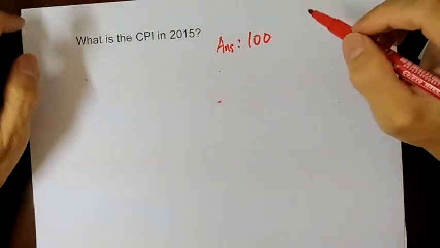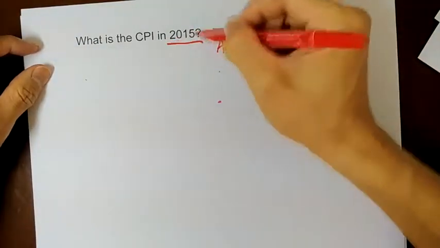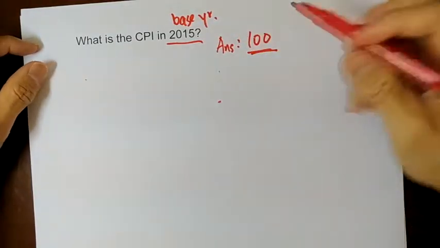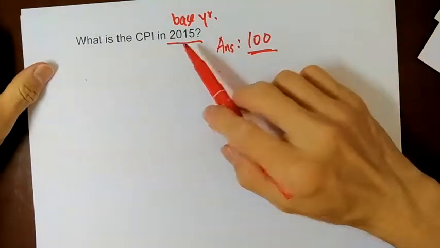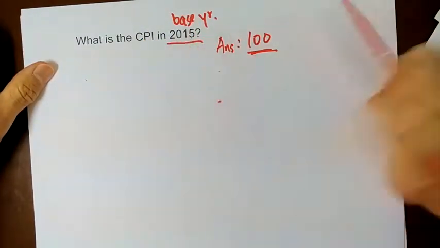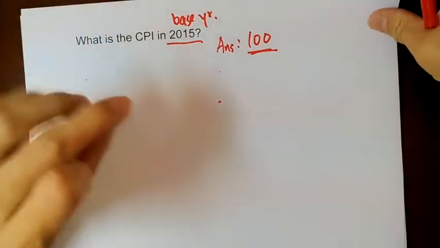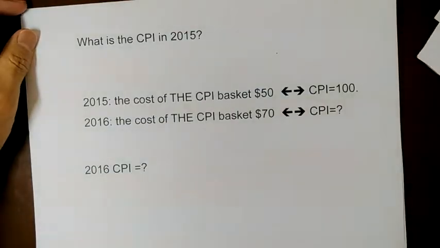Because CPI is defined as 100 in the base year. Because we use 2015 as the base year, therefore the CPI in 2015 is defined as 100. That's the unit that you are using. Okay?